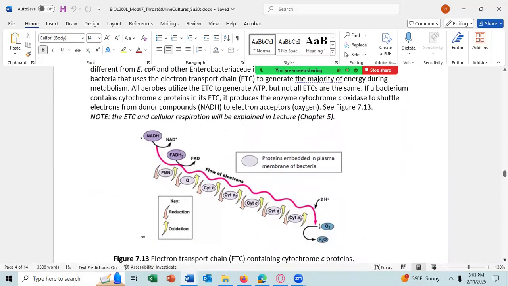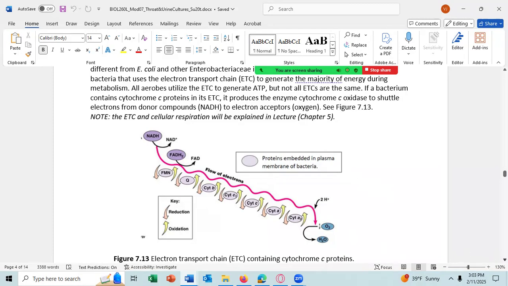Oxidase is an enzyme test looking for the enzyme cytochrome C oxidase, which is in the electron transport chain of an aerobe.